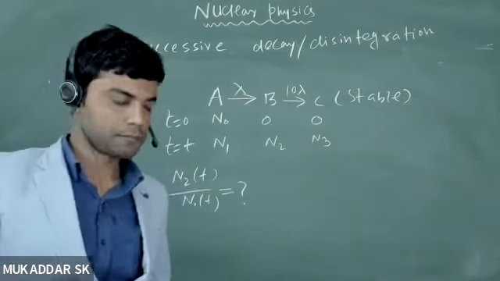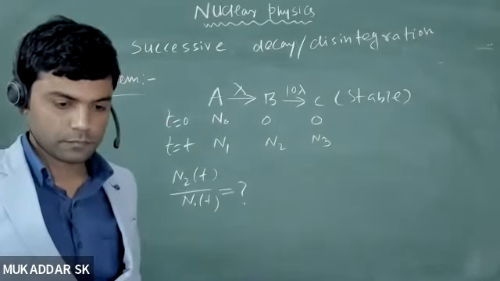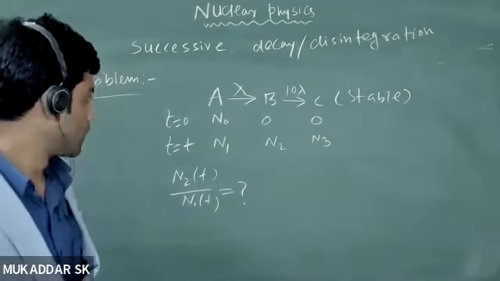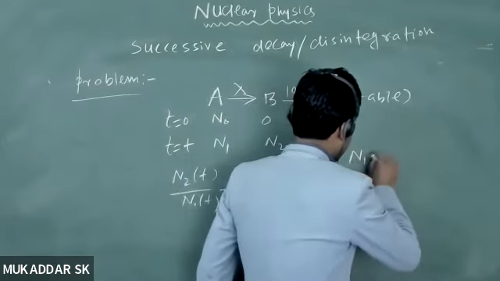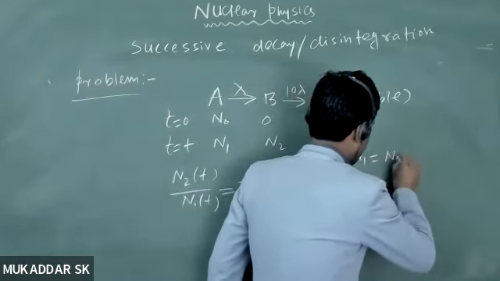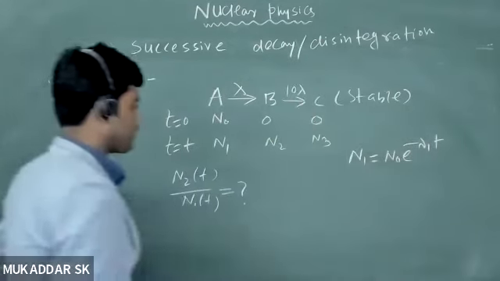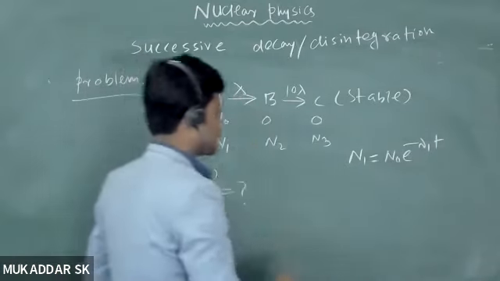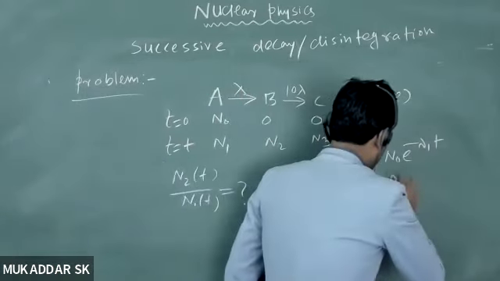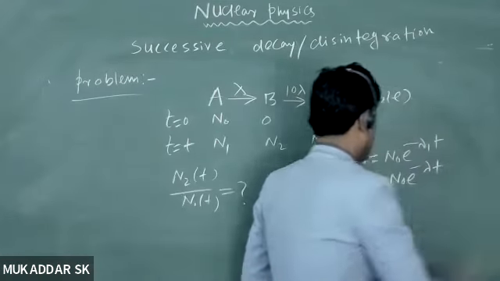Will you be able to do it? Remember that this was the expression, right? N1 was N naught e to the power minus lambda 1 t. This is the expression, if you remember. And here lambda 1 will be how much? Lambda. Exactly, it will be minus lambda t.